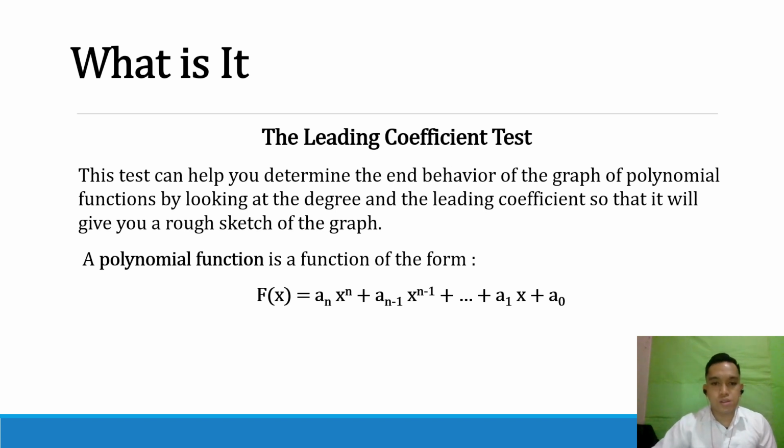Okay, so where a sub n are real numbers called coefficients and n is a positive integer, and a sub n times x raised to n is the leading term, and a sub n is the leading coefficient, a sub 0 is the constant term, and a sub n is not equal to 0.